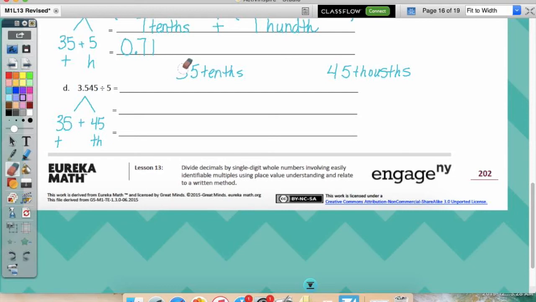Okay, so now we're ready for our 2 division problems. And what's my divisor this time? 5.